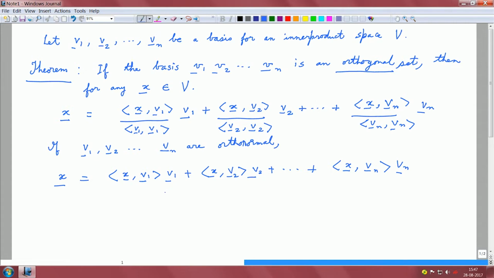So, for example, if you think about 2i plus 3j, which means two units in the i direction and 3 units in the j direction, these inner products are essentially those units in that direction, right. So, this is the basic idea.